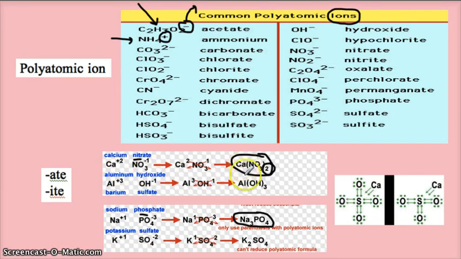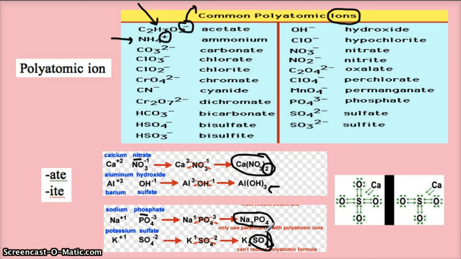So whenever you need parentheses is when you need more than one of that particular group. Okay, I think that's pretty straightforward. You can see from here cases where you'd use parentheses. Here you have 3. Here you don't have 3. You don't have any extra of this SO4 right here.